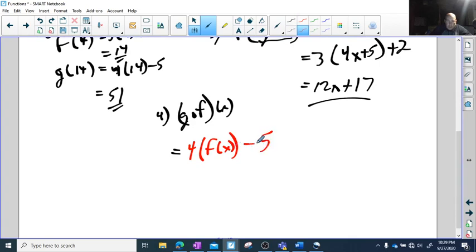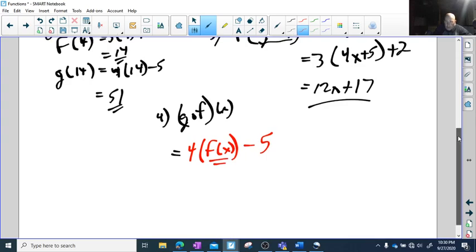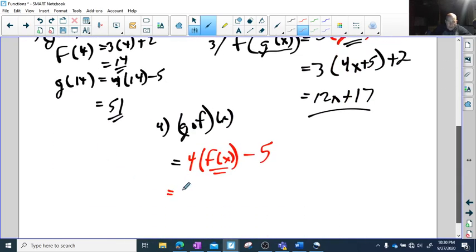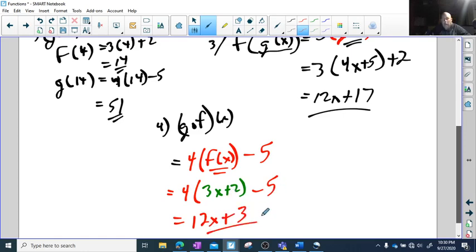And that was minus 5. And now replace f of x with the value of f of x, which is 3x plus 2. So that's 4 times 3x plus 2 minus 5, 12x plus 8 minus 5, 12x plus 3.